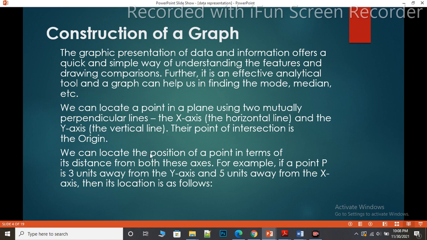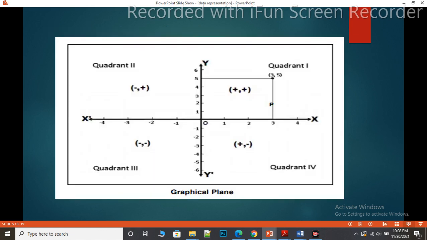We can locate the position of a point in terms of its distance from both the axes. For example, if a point P is 3 units away from the y-axis and 5 units away from the x-axis, then its location is as follows.